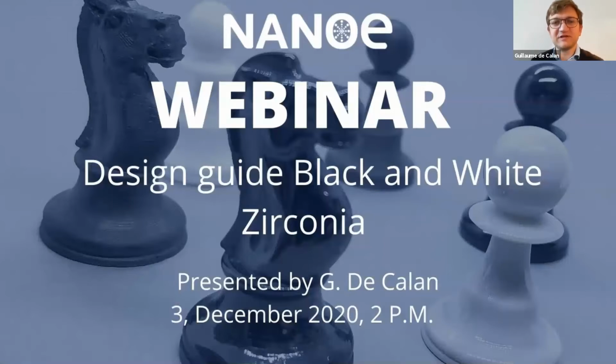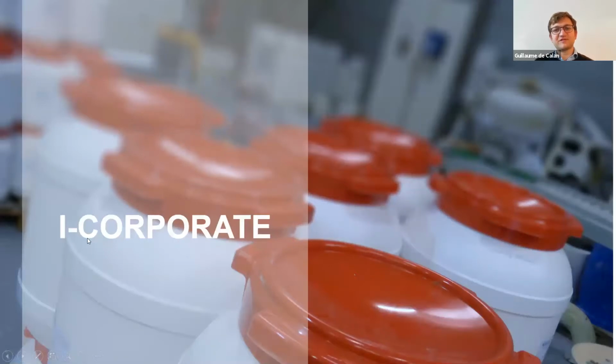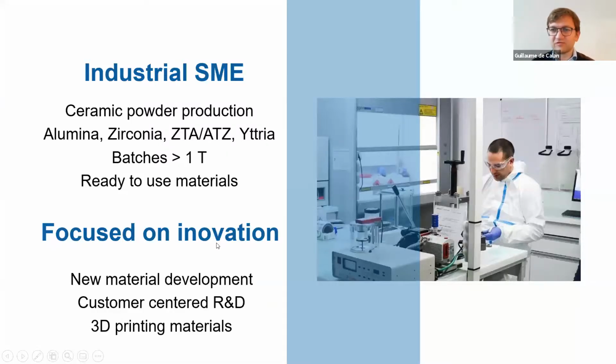So before we really get into the subject itself, a few words about NANOE, about who we are and what is exactly our role in 3D printing. NANOE, we are a raw material company.